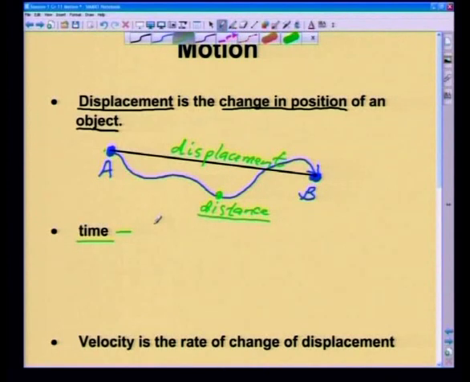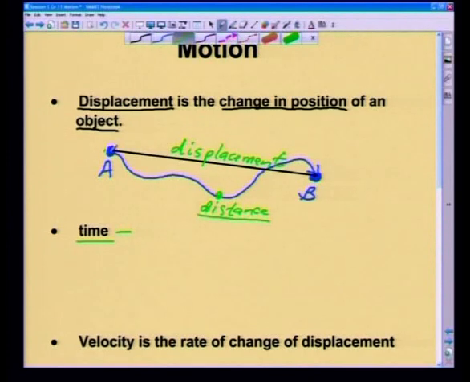Let's come to the next one. The next one is a very important quantity. It's called time. What we do with time is we say the time in which the object is in motion, that is the time we're looking at.